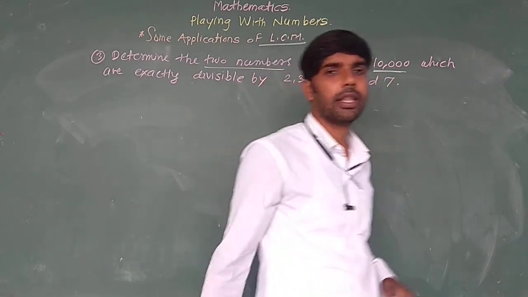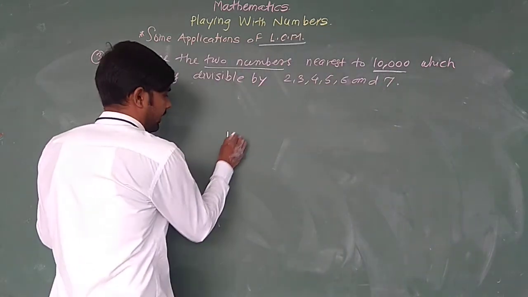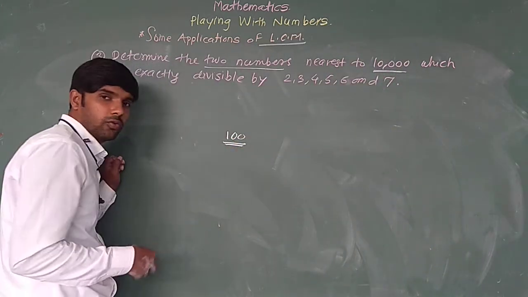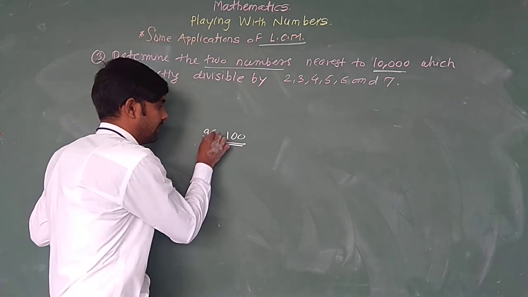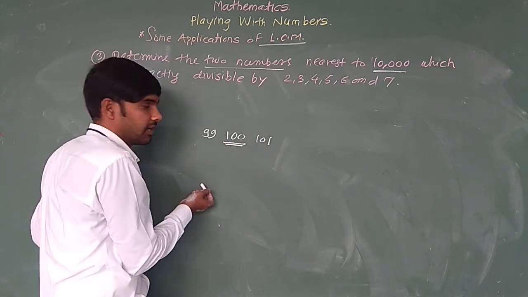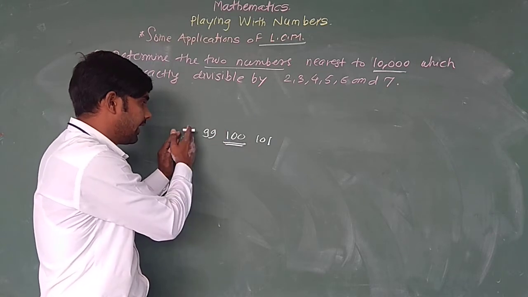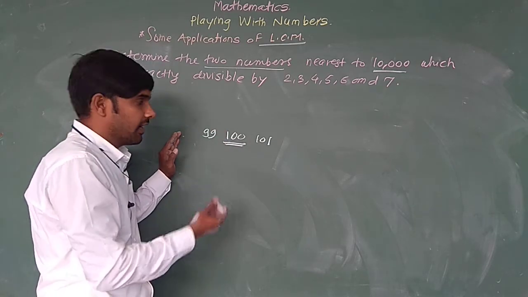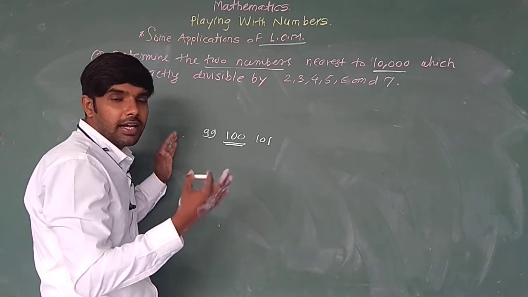Determine the two numbers nearest to 10,000. First we will see the nearest. Take 100: find the two numbers nearest to 100. Which ones? 99 and 101, and not 98, because the difference between 100 and 98 is 2. So we take one previous number and one next number, which are the nearest.